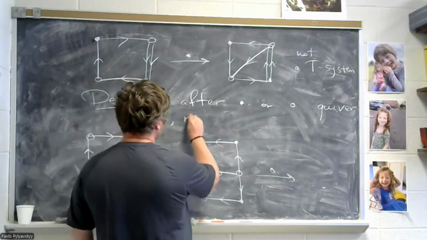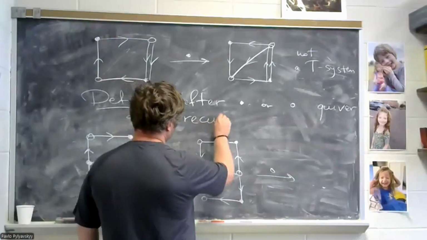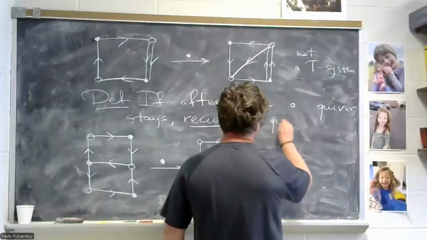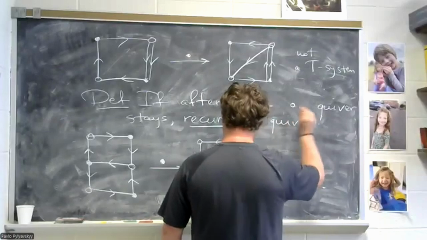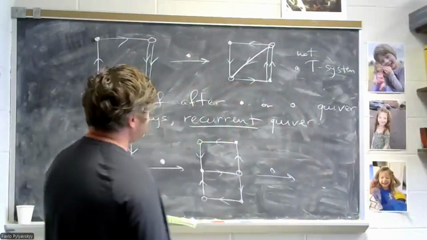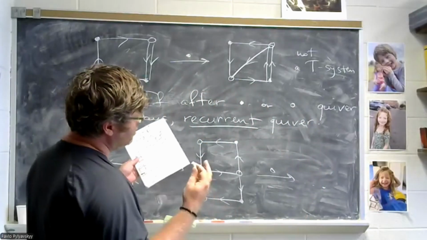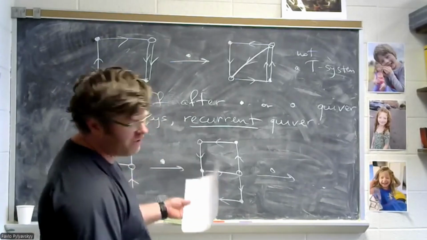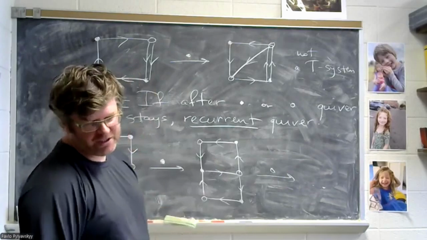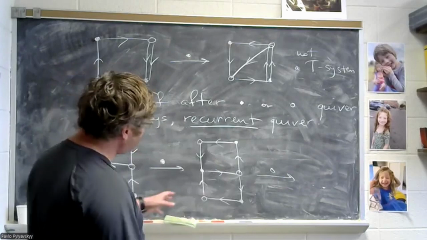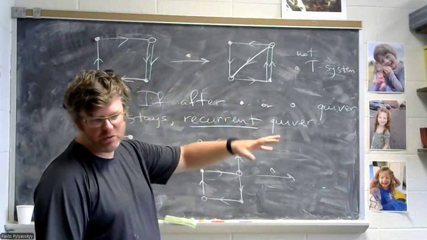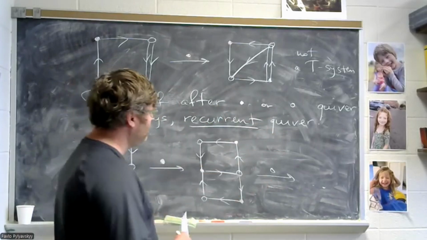We call such a keyword recurrent. And we say that it's associated, and we talk about the associated bipartite T-system, right? So it's a specific T-system where you click on black, white, black, white. So we call it the bipartite T-system.